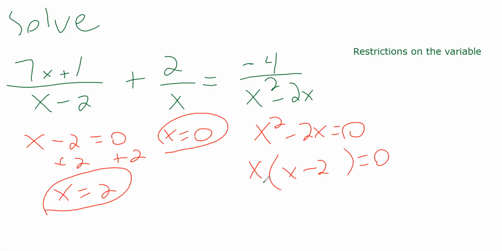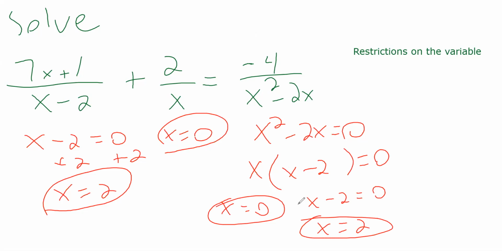And so now what we see is that x is one of the factors, just x by itself, and x minus 2 is a factor. And we can set each of those equal to 0. And so that creates what looks like 2 more restrictions on the variable. But those have already been covered.